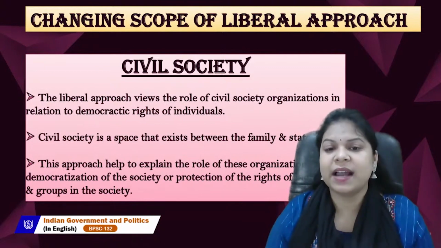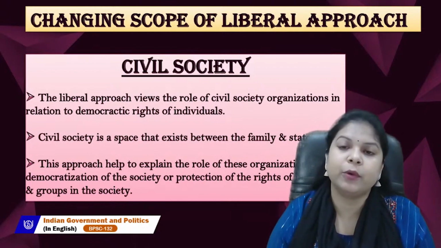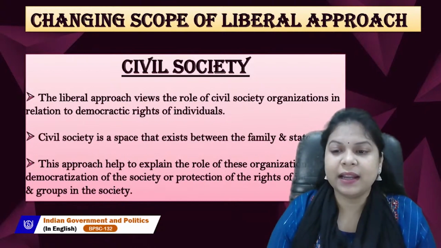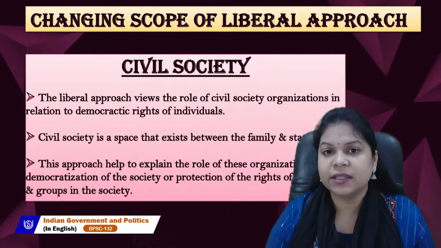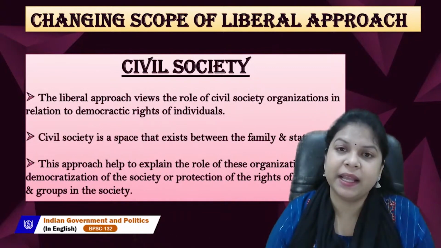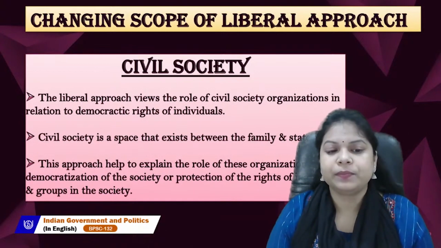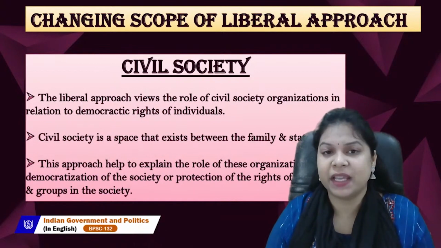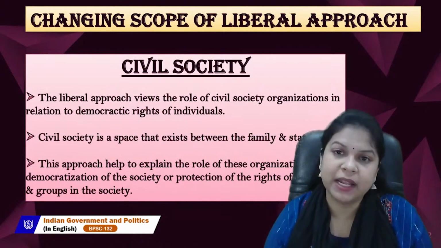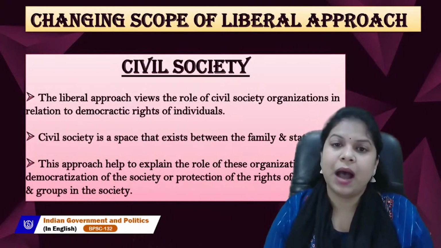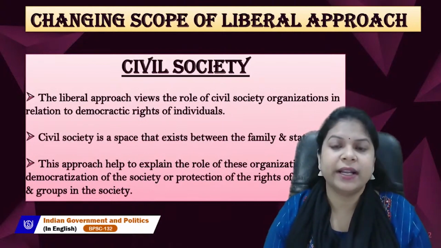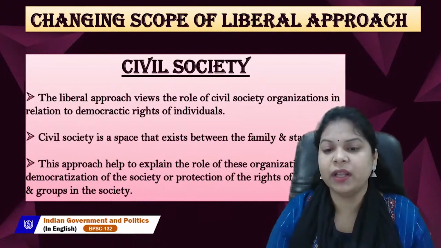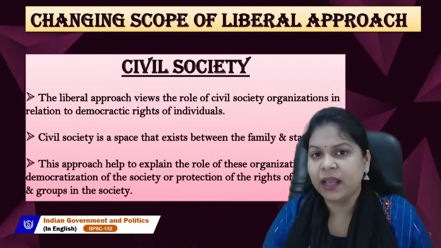In this kind of civil societies, liberal approach believes that it enhances the democratic rights of individuals because they themselves are participating with their will. So, civil society is a space that exists between the family and the state. So, outside family and within the state, there is a gap. So, civil society fills that gap that exists between family and state.